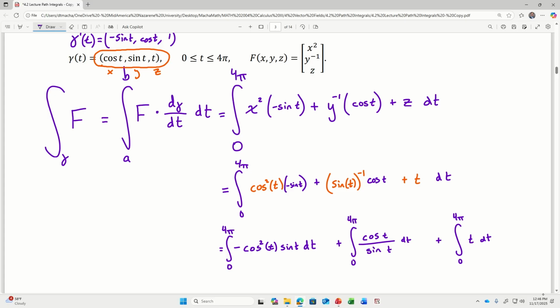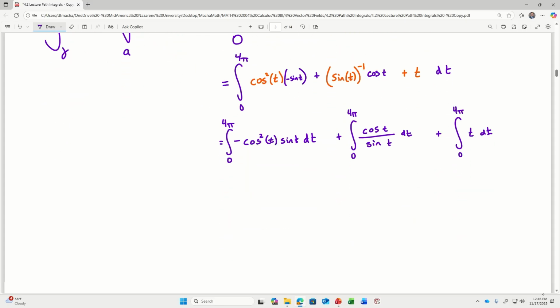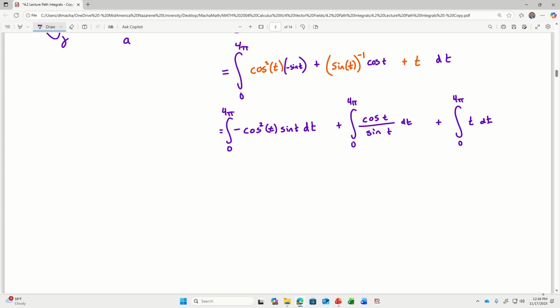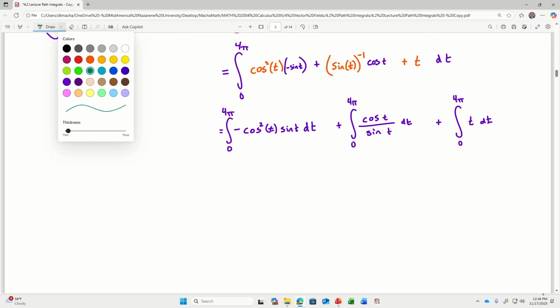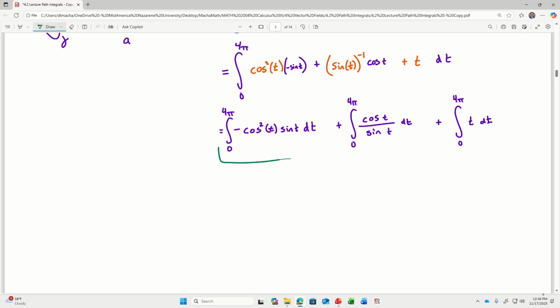I like that, because u sub is not that bad. What do I do for u sub in this case? Cosine, right? I mean, tell me if I'm wrong. Could it be negative sine dt?